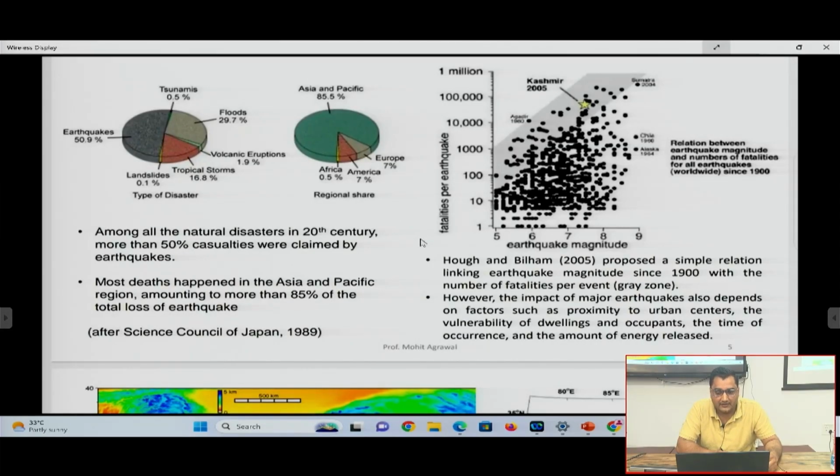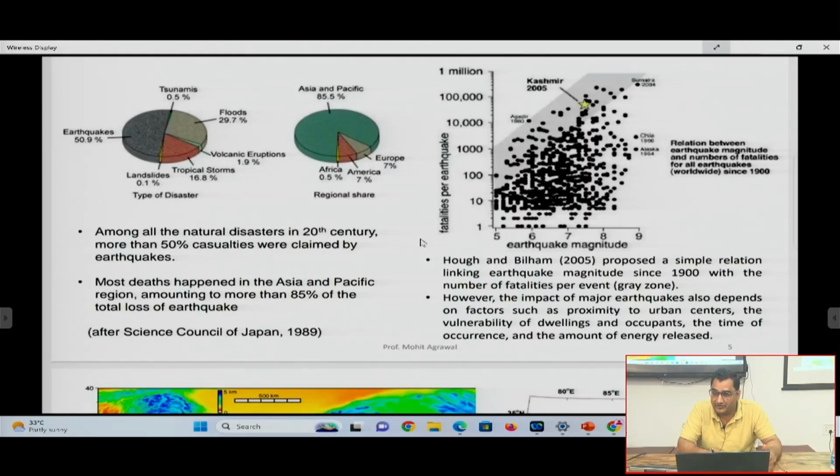Likewise, if you look at the graph on the right hand side, that is basically the relation between the fatalities per earthquake with respect to the earthquake magnitude, then what you will see, even the larger earthquakes like the Chile earthquake in 1950, Alaska earthquake in 1964, all these earthquakes were of great magnitude between 8 to 9, but still the casualties were less if you compare it with the earthquakes such as the Kashmir earthquake, or maybe the Algeria earthquake, or maybe some other earthquakes.